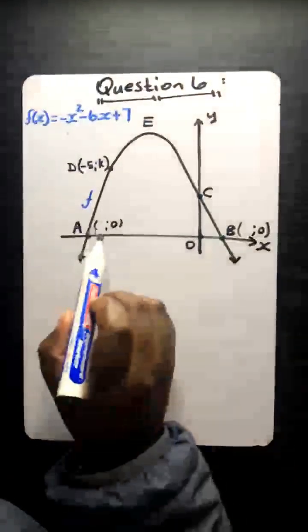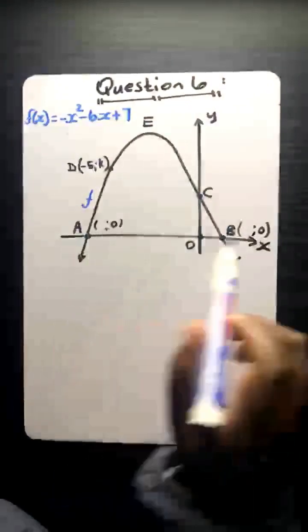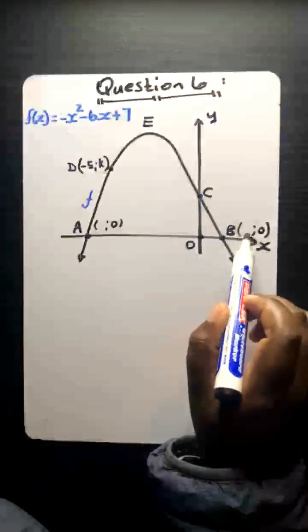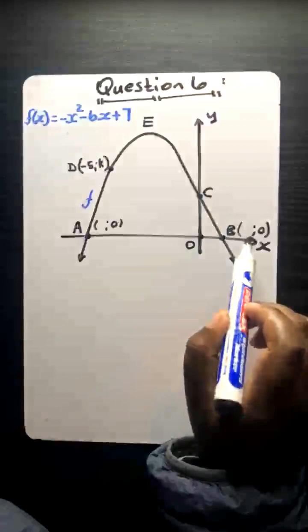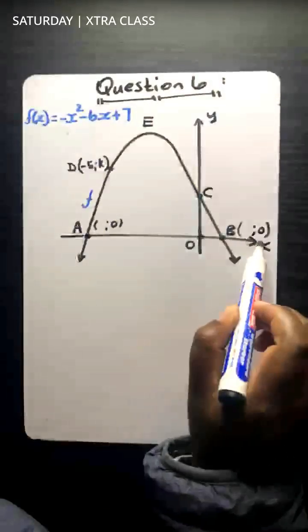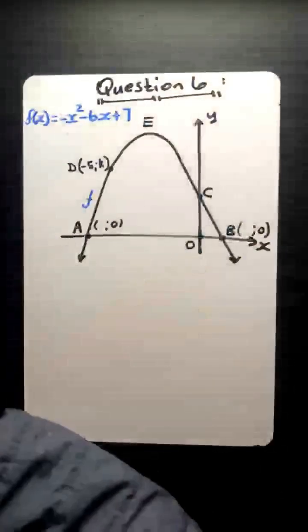We also know that at A, x is a negative value, but we don't know what that value is. Similarly, with point B, we know x is positive, but we don't know what value that is. We say it's positive because it's on the right side of the axis, and this one is on the left side of the axis.